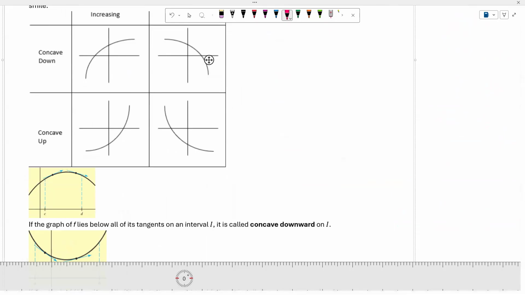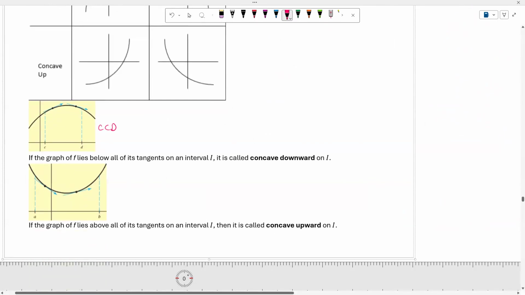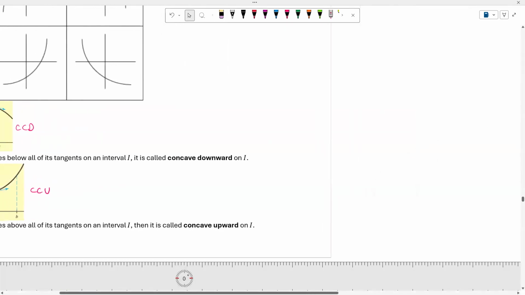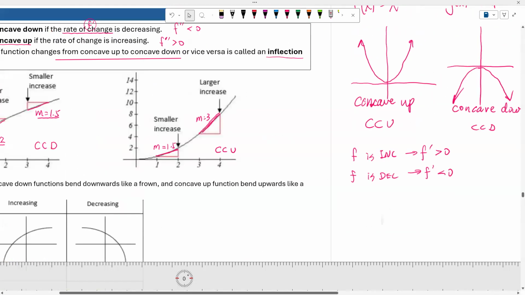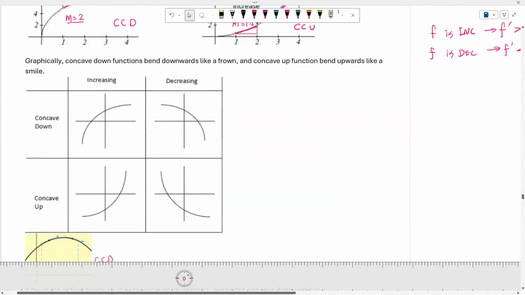That means this is concave down. This one bends upward like a smile, so this is concave up, just like the example we have for x squared, isn't it? Then let's look at it in detail.